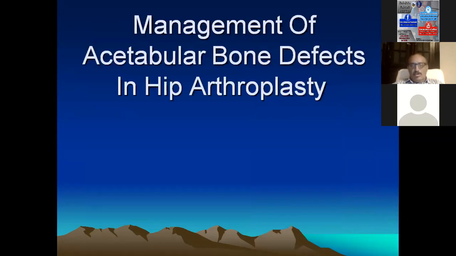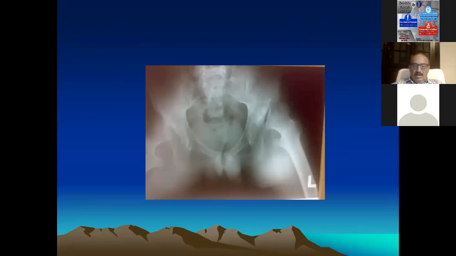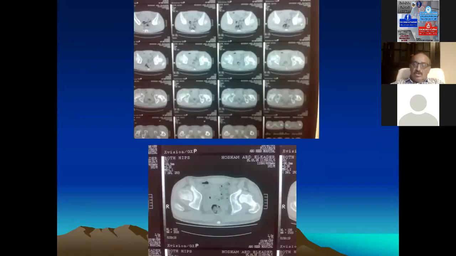If we take the acetabular component and the acetabular bone defects in revision hip arthroplasty, we will just enumerate the reasons, the ways of classification, and the ways of management. These are not only in revisions; it can also be a problem in primaries, like this plastic hip, where there is obvious, very difficult bone deficiency, but we will talk mainly about revisions.